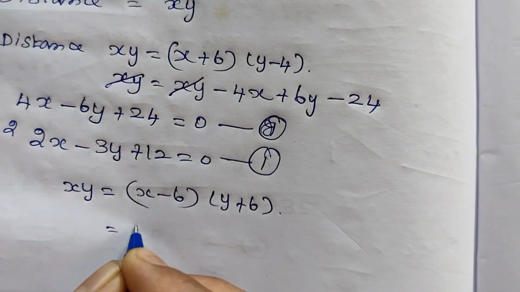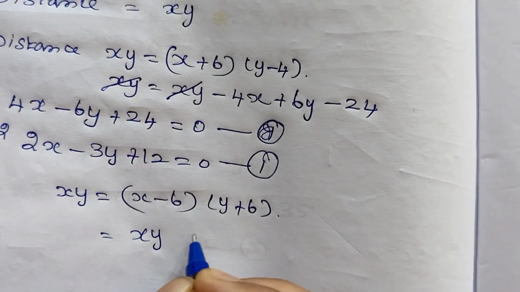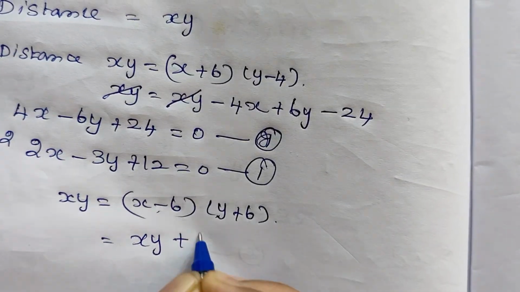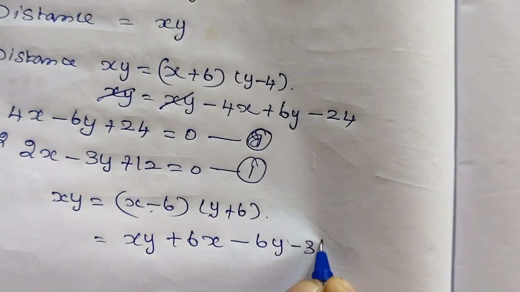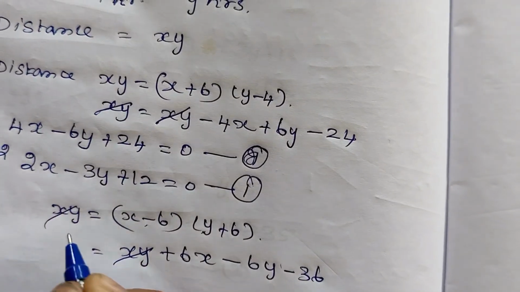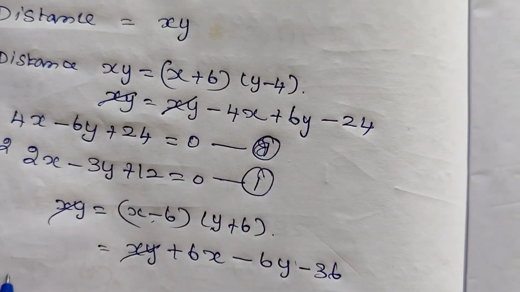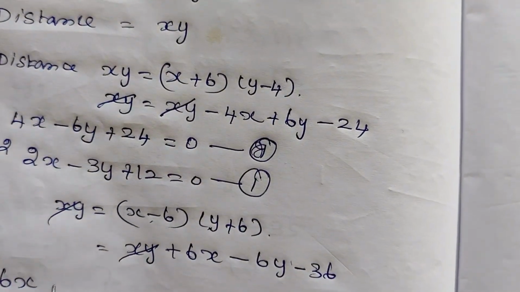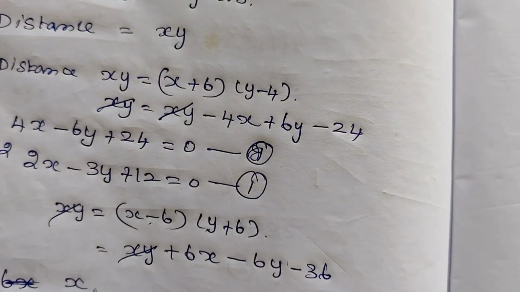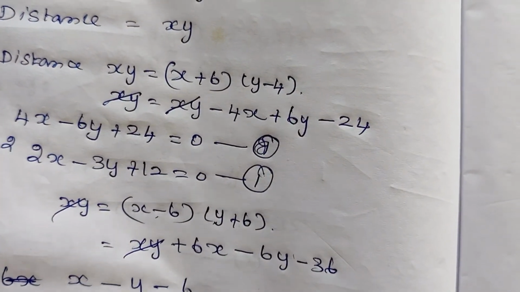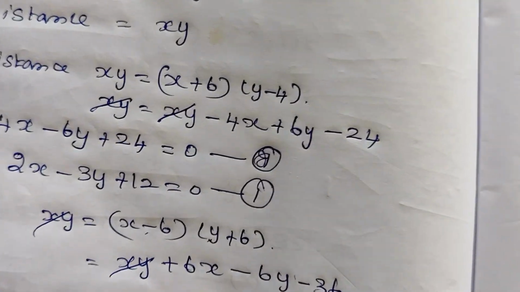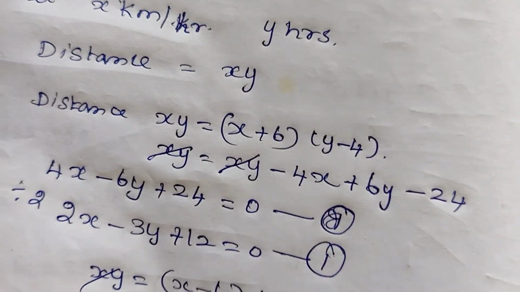So xy plus 6x minus 6y minus 36. Here xy gets cancelled. So dividing by 6, x minus y minus 6 equal to 0. This is the second equation.